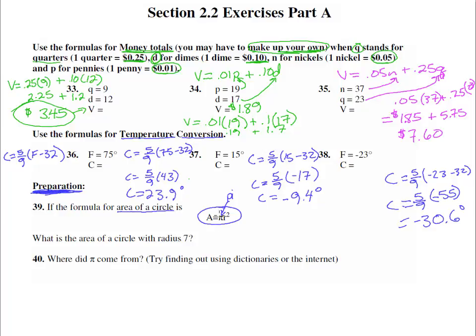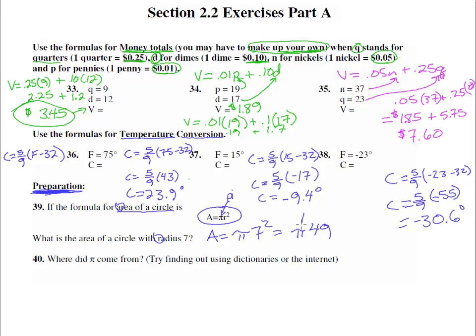So if you've never seen this symbol before, that's fine. That's not a problem at all. A, area, good, and R, radius. So we're going to have A equals that silly pi, and then radius is 7 squared. So it's going to be whatever this number is, pi times 49.